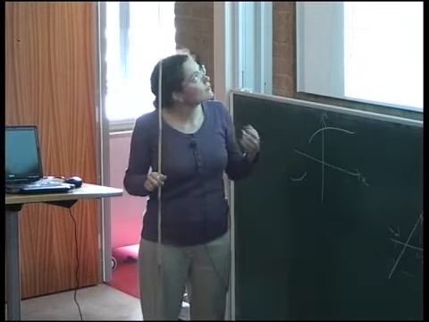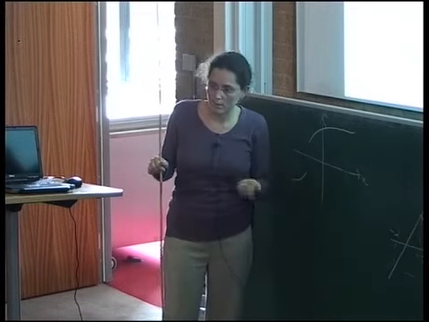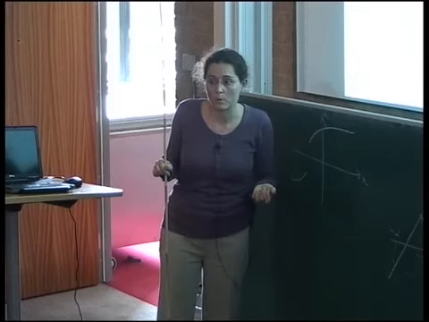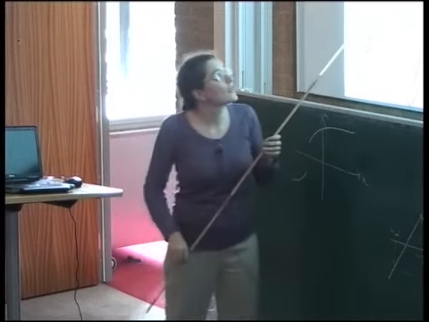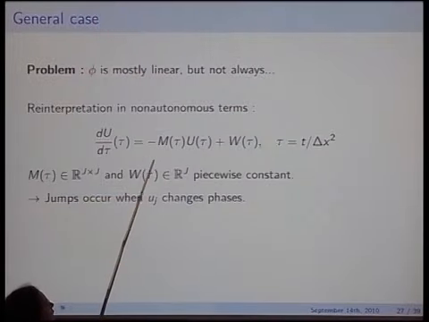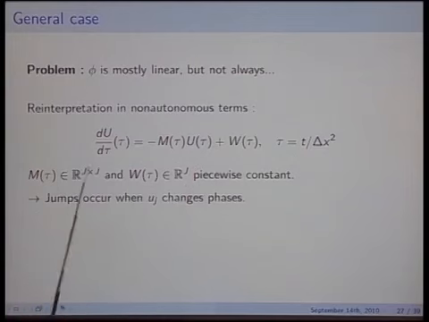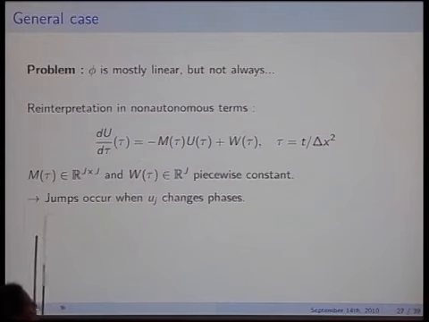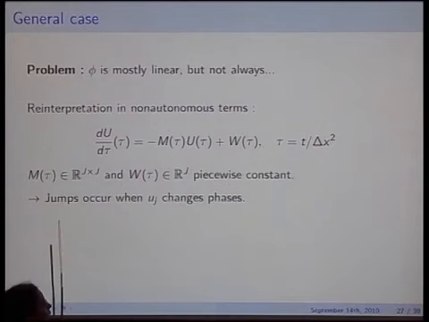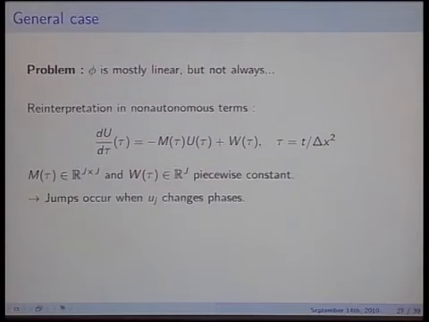So you can actually think of this semi-discrete problem as a non-autonomous problem, meaning that you can write it as minus M of tau u plus w of tau, where M of tau and w of tau are a matrix and a vector which are piecewise constant. Of course, they change as soon as one of the components changes phases, since when it changes phases, the discretization is not the same.